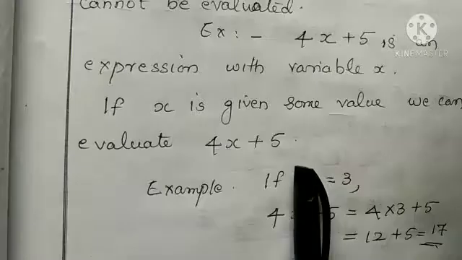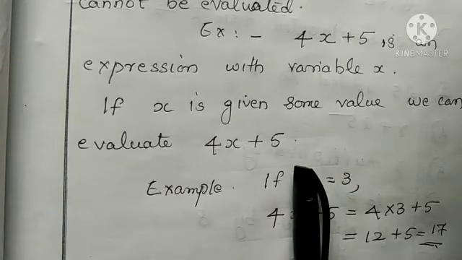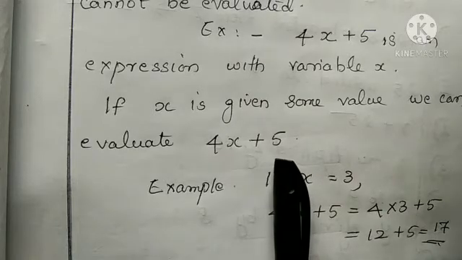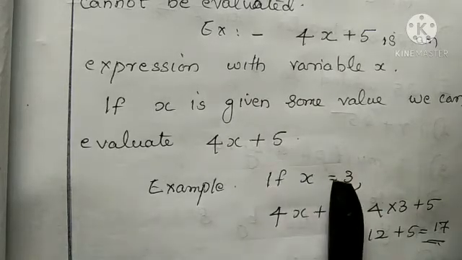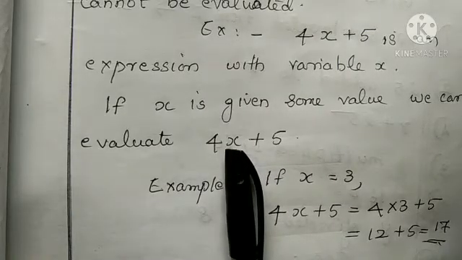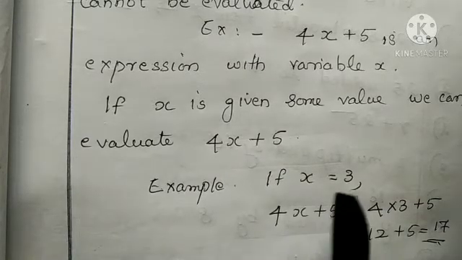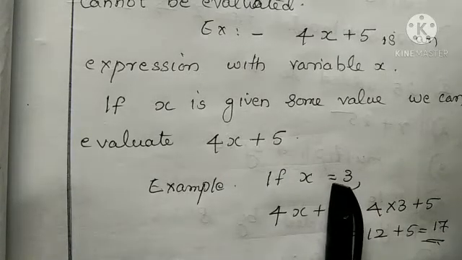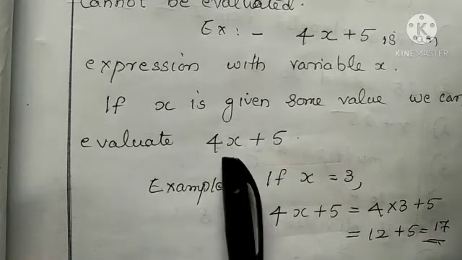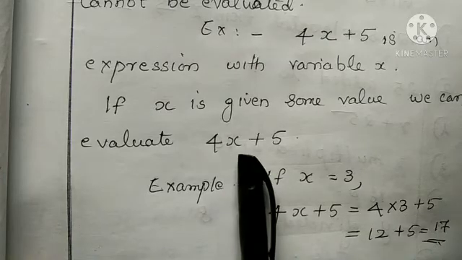Understood? How will we calculate? For example, evaluate 4x plus 5 if x equal to 3. We told already we can assign any value for x. If a value is given in the question, we can substitute that value for the variable in the expression. How? 4x means 4 into x.